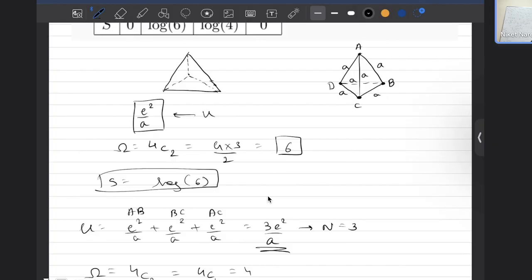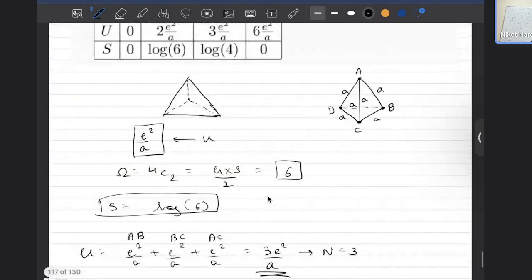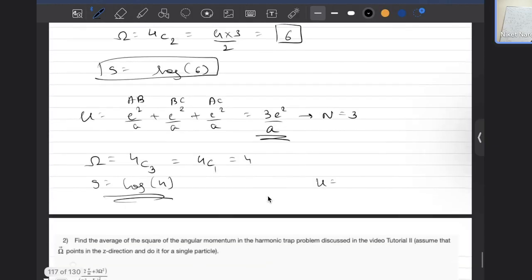So there will be all these combinations: E square by A from AB, from AC, from AD, from BC, from BD, and from CD. So this is also in a way 4C2 into E square by A, which is equal to 6E square by A, but the microstates or possibilities are just one. So S is equal to 0.